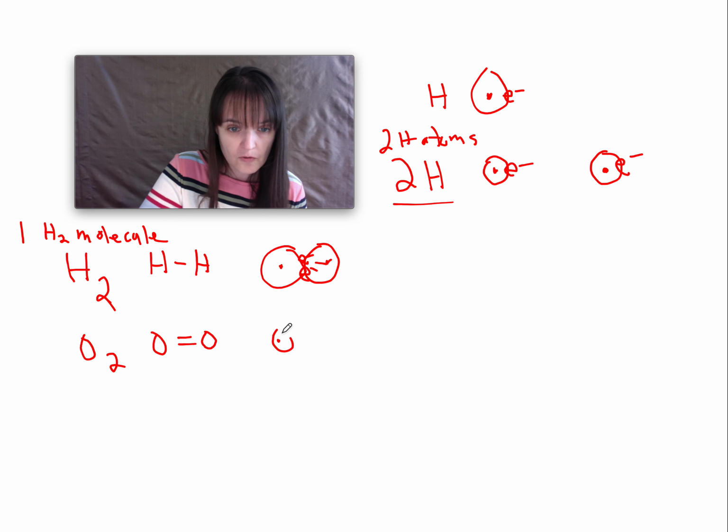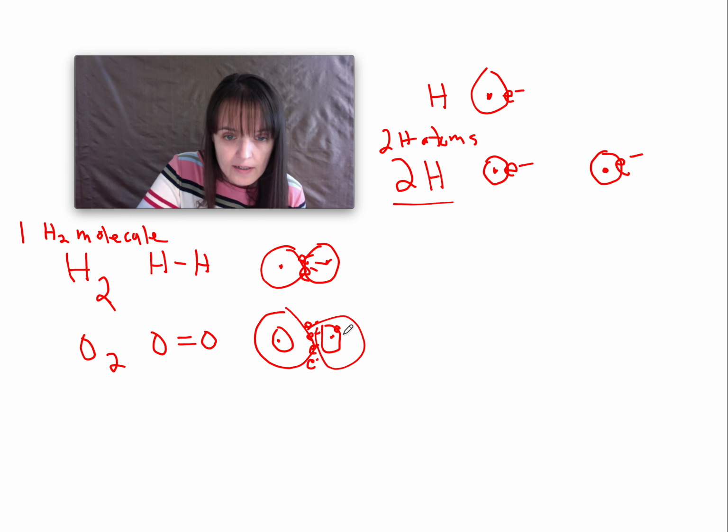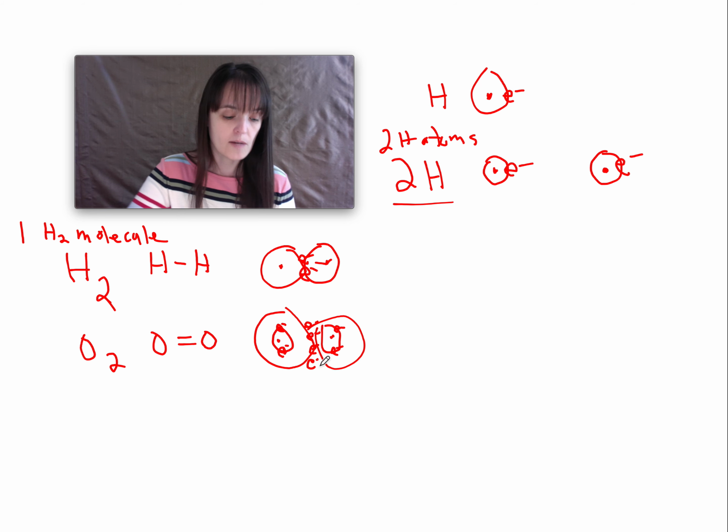So then we have the nuclei, the first orbit, the second orbit, and then we're going to draw 1, 2, 3, 4 electrons. And then we've got an electron here and an electron here because the inner shell can hold up to 2 electrons. And then the outer shell can hold up to 8.